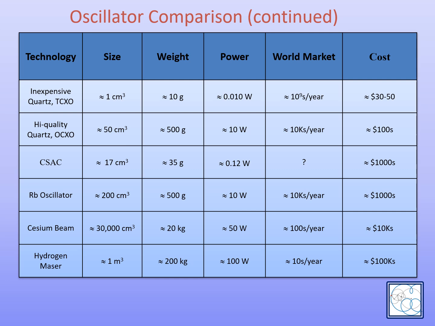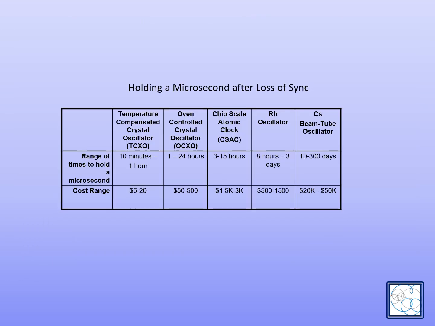Another slide on oscillator comparison showing price. And finally, a last slide, how long can you hold a microsecond after loss of synchronization as a function of price and technology? And generally speaking, you can see that you pay more to get better.